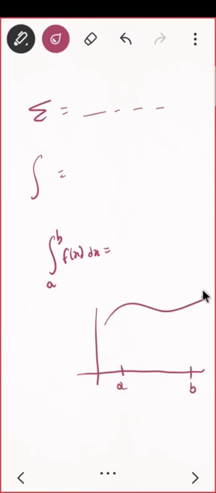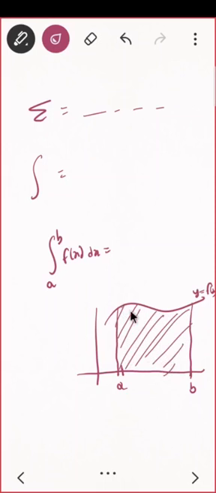Graphically, what do you mean by that? Perfect. Very nice. Very good. So what is integration actually doing? It is finding the area under the curve, correct? So integration is finding area.